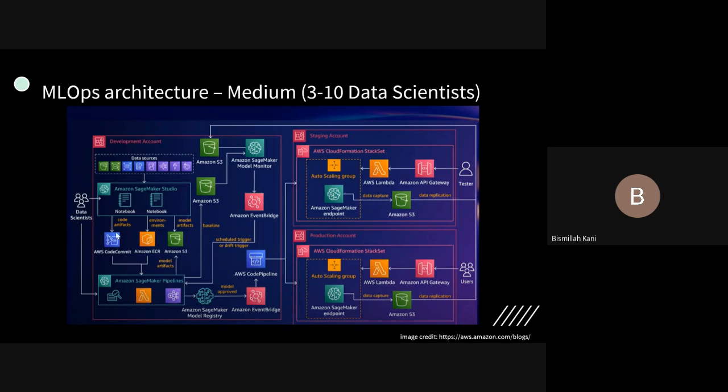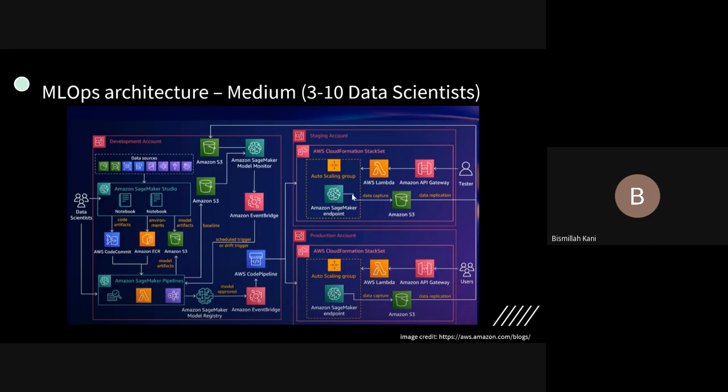Most of the components are the same: CodeCommit, a SageMaker pipeline, model registry, triggers based on EventBridge. And then you also have a SageMaker Model Monitor. This is a new thing. Once we approve the model, then the code pipeline pushes that model into a staging account where we create an endpoint.